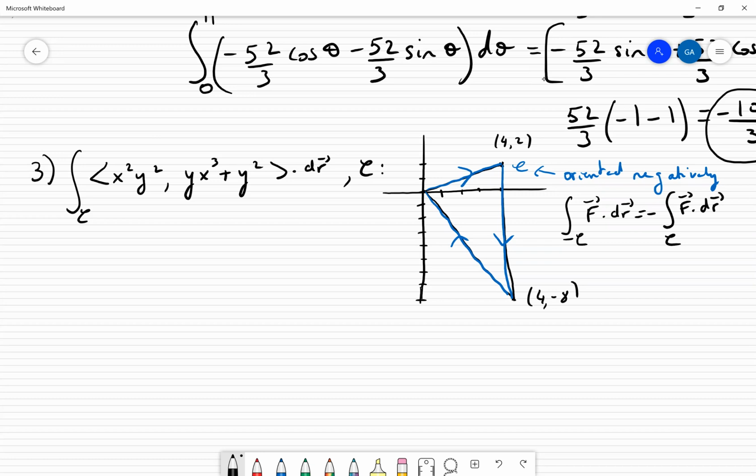So basically what that means is you're going to do this problem as if the curve was going in the right direction. And then at the very end, you will negate your answer.